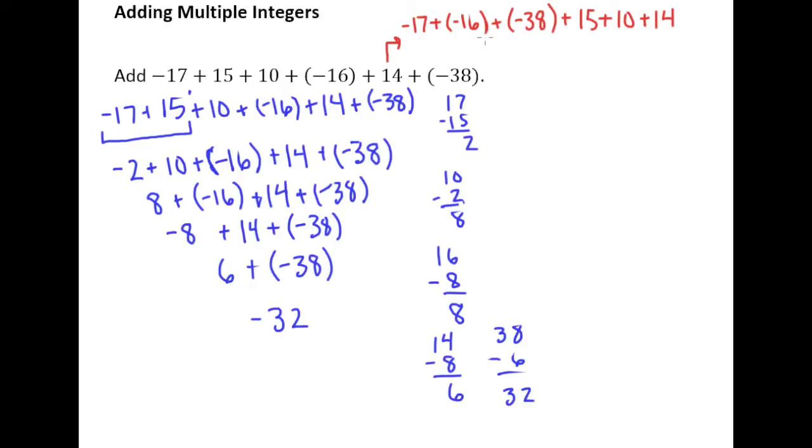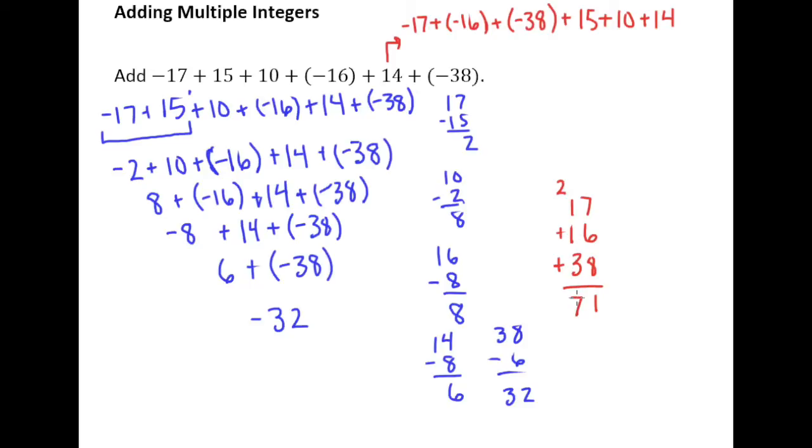Now, the reason I'm doing this is because if you are adding a bunch of numbers of the same sign, remember all you have to do is add up their absolute values. So I just need to add 17, 16, and 38. And when I do that, 7 plus 6 is 13, plus 8 is 21. 2 plus 1 is 3, plus 1 is 4, plus 3 is 7.